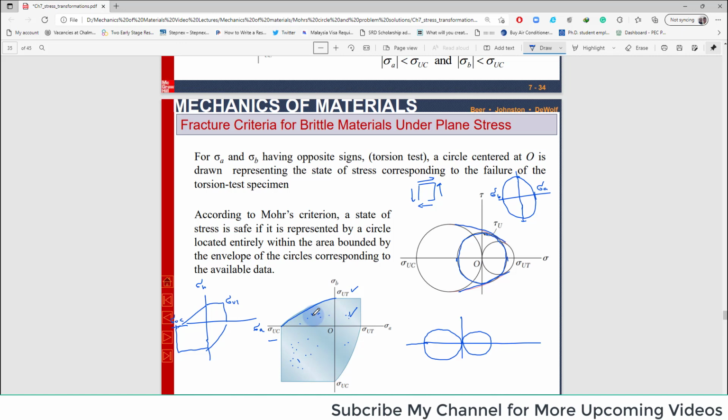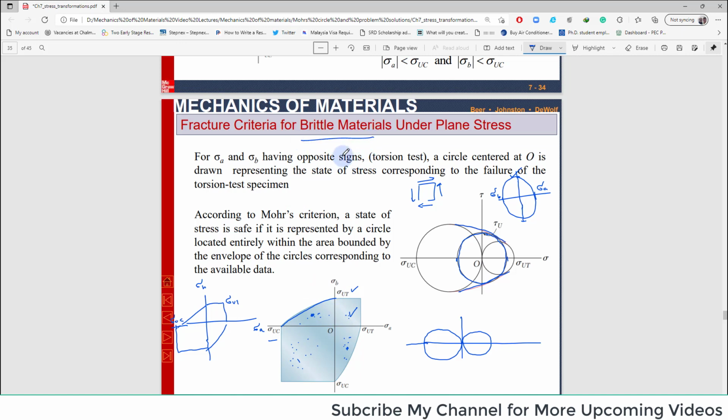If sigma A is negative and sigma B is positive, it represents the condition under shear loading. And if sigma A is positive and sigma B is negative, again any point that lies within this envelope, the design or structure will remain safe for the brittle material.